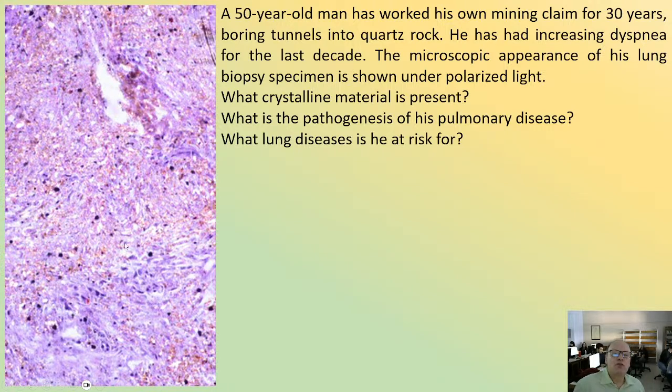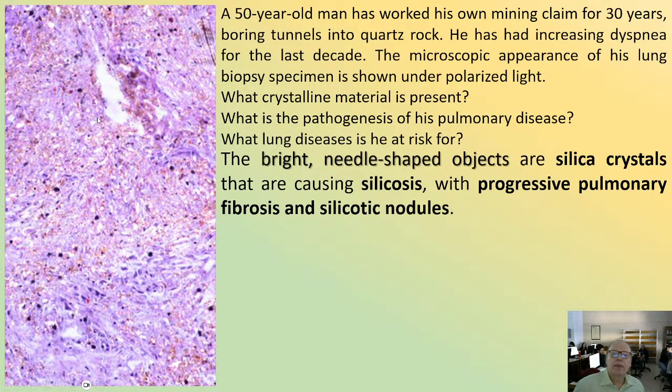This is the microscopic appearance, and we can have a very important finding if we study the tissue under polarized light. So this is a crystalline material, needle-shaped, and these are crystals of silicosis.